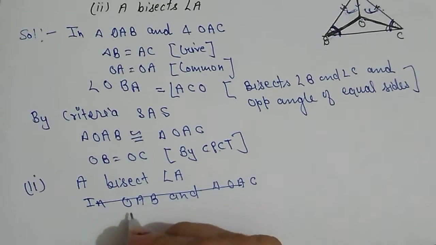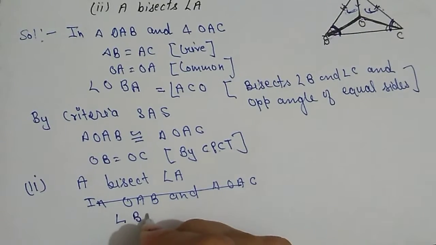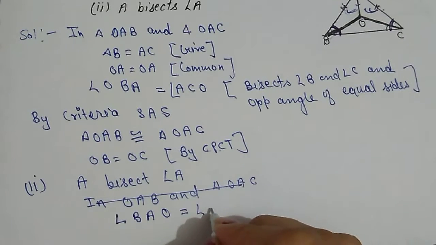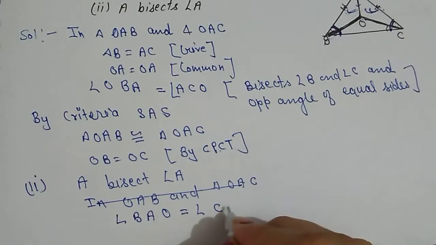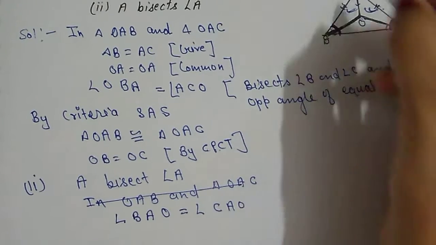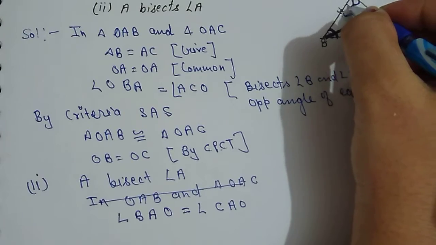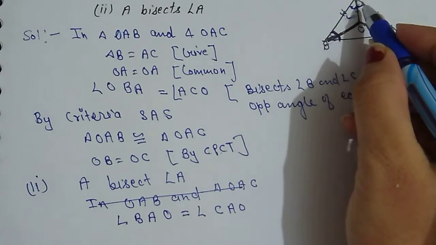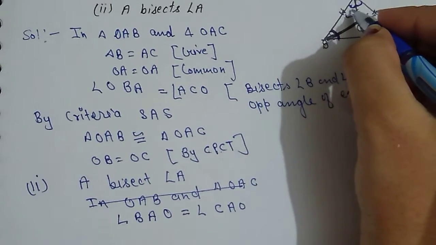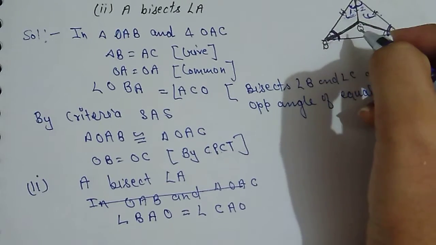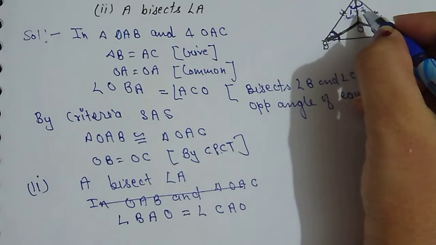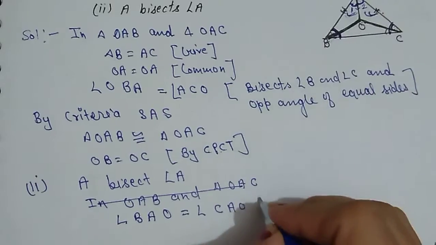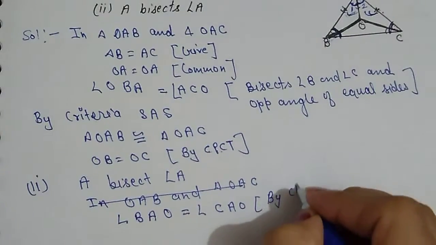You can write angle BAO and angle CAO are equal, by CPCT.